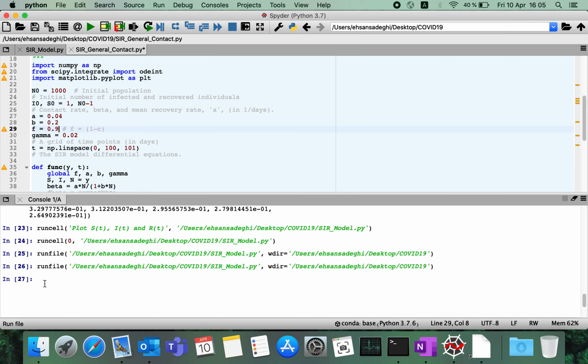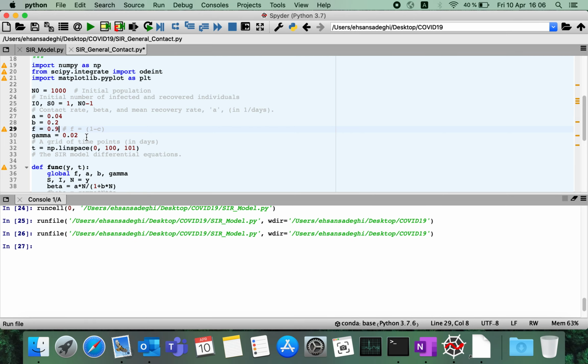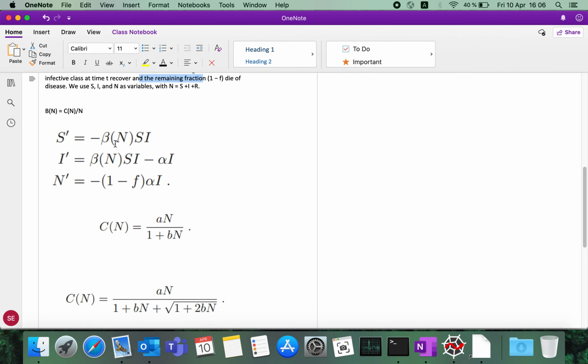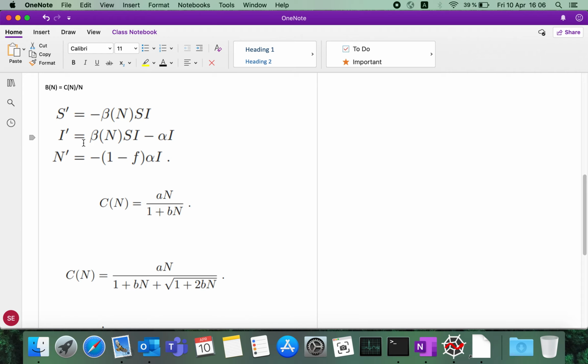So if they die, it means that the number of the initial population will be decreasing. Because of this, in our formulation, instead of the number of recoveries, we are using N, the rate of change of N. So again, we have a system of differential equations, which we can solve numerically.